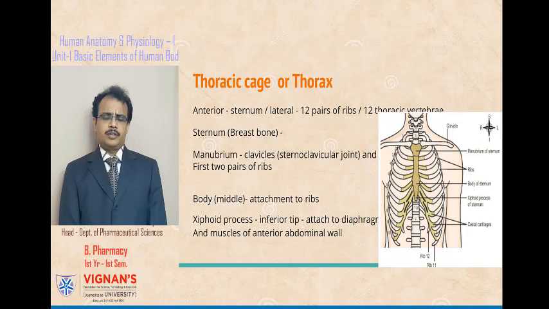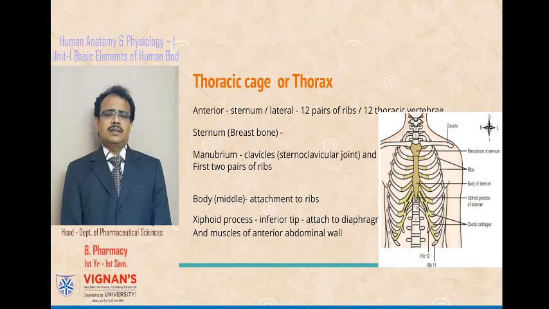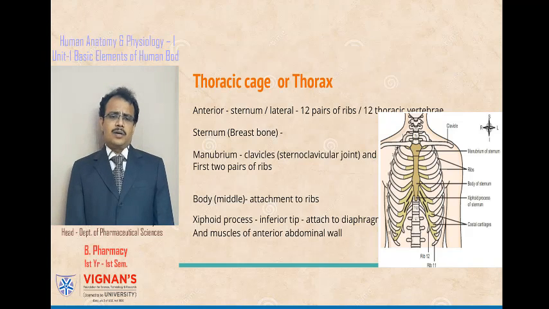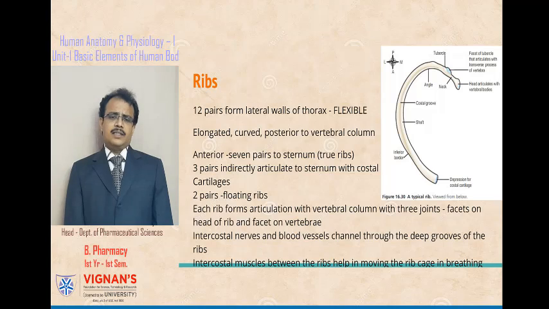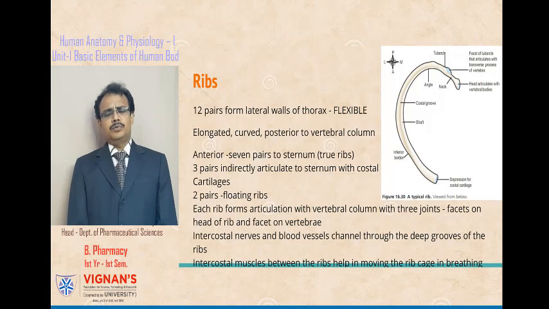The first pair of ribs is firmly attached to that of the sternum, and this is non-movable, whereas the second pair of ribs also is attached to the sternum, especially the manubrium, and the 7 pairs of ribs which are directly attached to the sternum are called true ribs, whereas 3 pairs of ribs which are attached to the sternum but not directly are called false ribs, whereas 2 pairs of ribs have only attachment with the vertebrae and they are not attached anteriorly to the sternum, and these are called floating ribs.